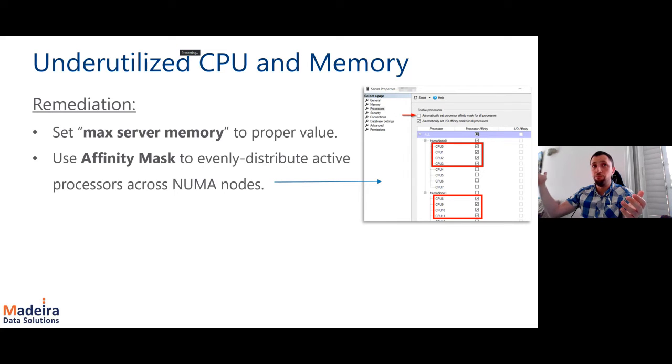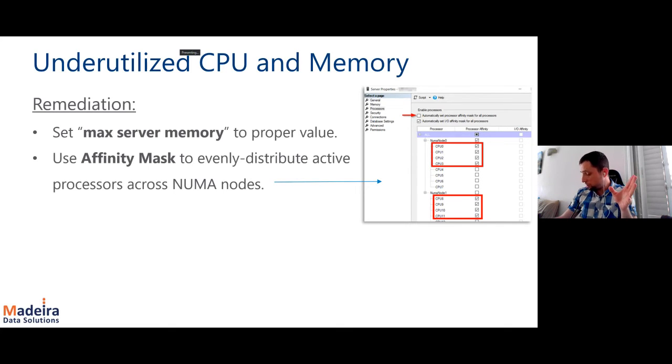It's a whole memory space that is wasted. But if you evenly distribute the CPU cores manually using the Affinity Mask, that could help, because that will help SQL Server to balance the load across the different nodes.